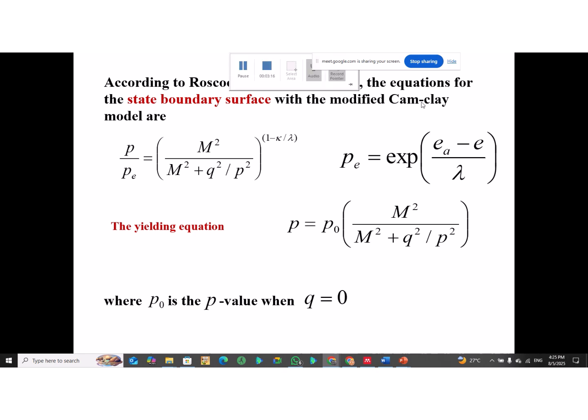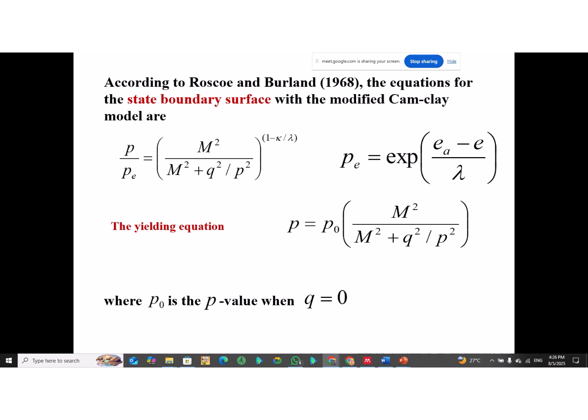But eventually, and this is what I always told you, we come up with models that can describe something, but there's always a limitation, and then we figure out that there's something better or something to be improved in the model. So initially the Chemclay model, and then it became the modified Chemclay model. But the whole point is that this is based on the critical state line, the theory we've just talked about in detail.